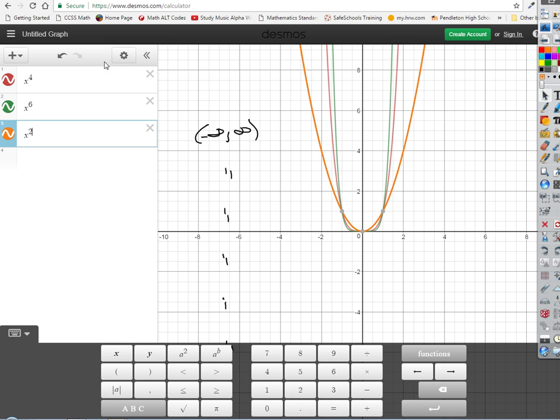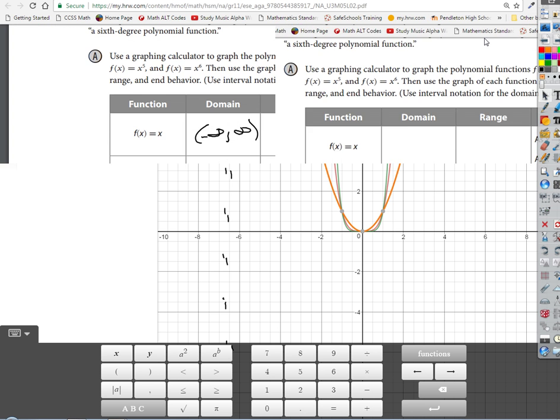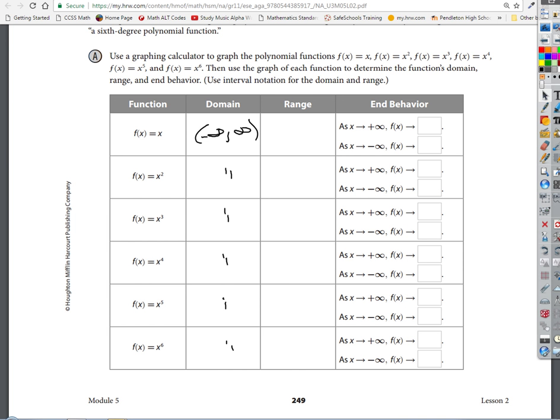So for all of the even functions, the range is just going to be greater than or equal to zero, right? We agree? What about the odd functions?